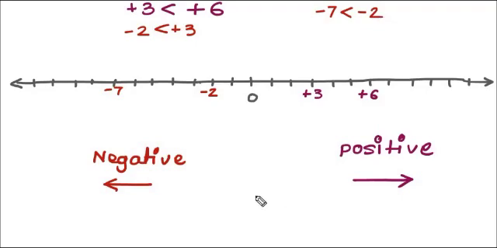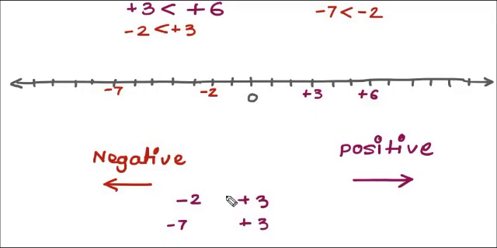Let's talk about a pattern here. If I want to compare between two numbers, one negative and one positive, let's compare minus 2 and plus 3, or let's compare minus 7 and plus 3. Out of minus 2 and plus 3, which one is smaller?